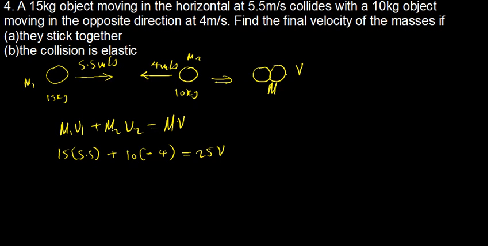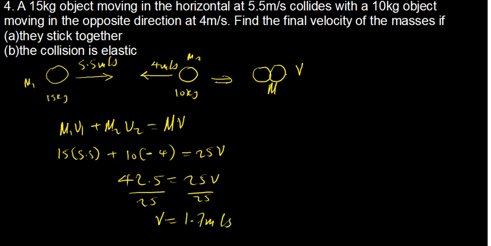So what we are getting this side is 42.5, and that should be equal to 25v. So I want to remain with v, so we divide by 25 on this side and also the other side. So our velocity will be 42.5 divided by 25, which is 1.7 meters per second.